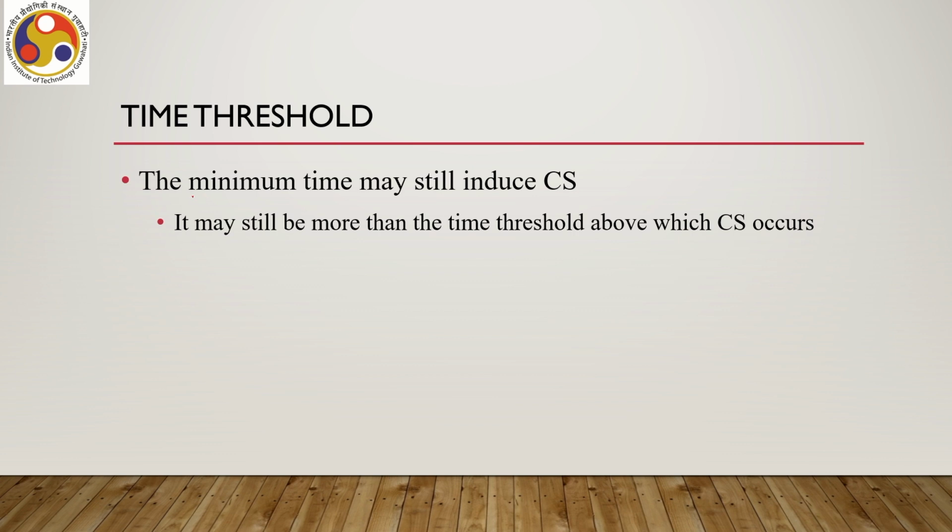The problem is that that minimum time may still be more than the time typically associated with onset of cyber sickness. So, that minimum time, although it is minimum given all possible paths, may still be responsible for inducing cyber sickness. It may still be more than the time threshold above which CS occurs.